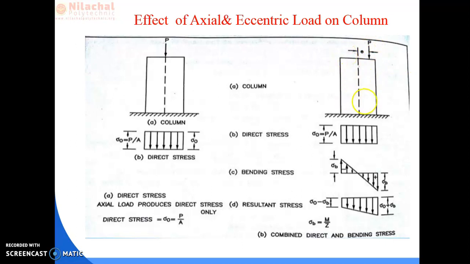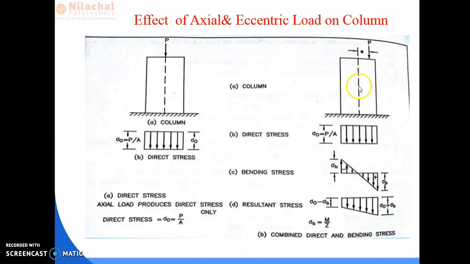We have seen the direct stress distribution, where all the lines are parallel and the stress is uniform, that is P by A. But when the eccentric load is applied, a bending moment will be produced.